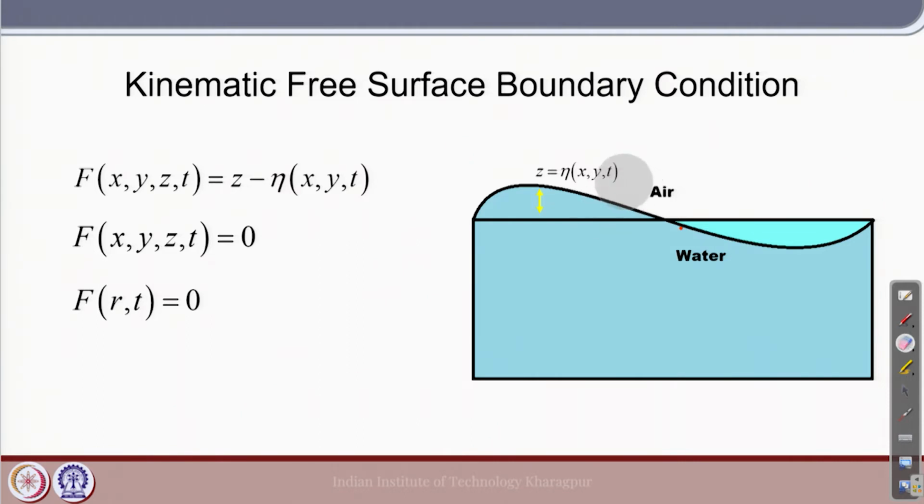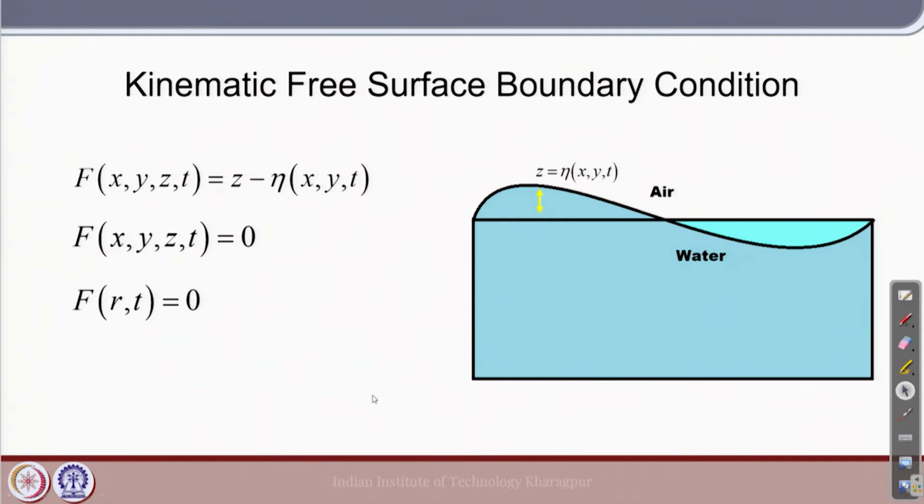Now, if you remember my last class, what I said is that a particle sticks on a boundary if and only if the normal velocity of the surface is equal to the normal velocity of the water particle, right.